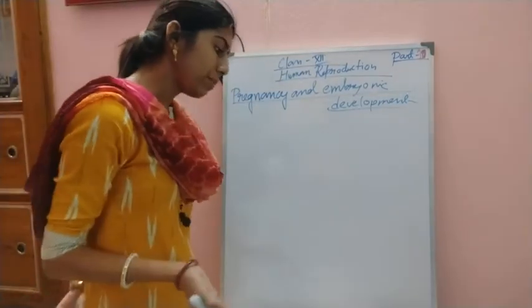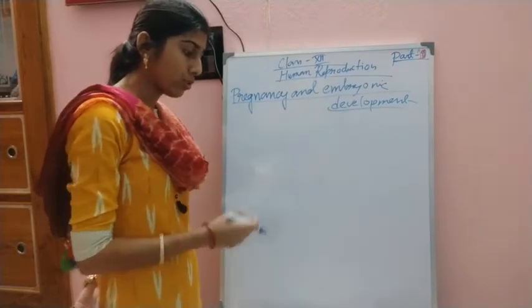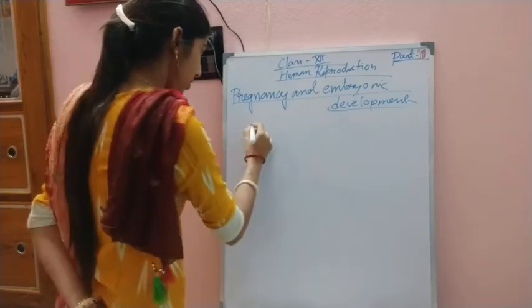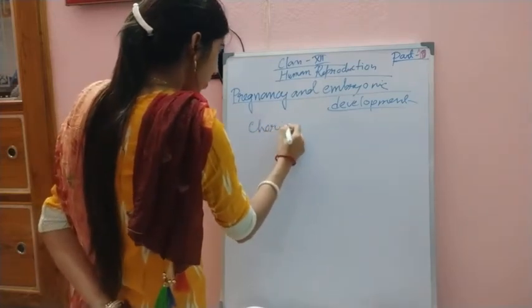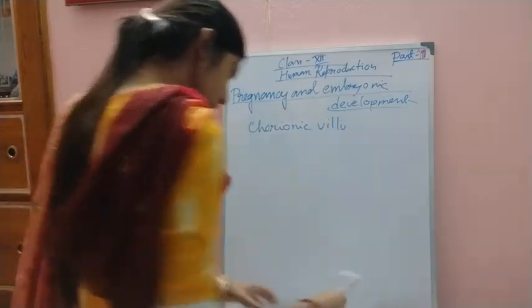So after implantation, what will happen? Finger-like projections will come out on the trophoblast layer, which are called chorionic villi. So how does it look?